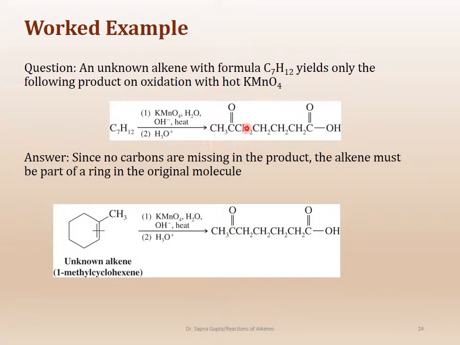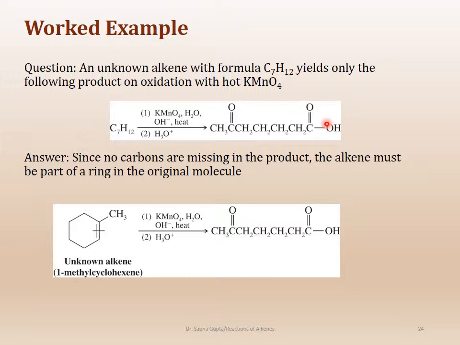So the ketone is coming from a more substituted carbon and an acid is coming from a less substituted carbon. The other fact is that because you have only one fragment, it means that you're starting with a cyclic structure. If you had a straight chain alkene, you would have 2 fragments at the end, but because you're starting with one molecule, which is cyclic, you're getting only one molecule at the end with the 2 functional groups.